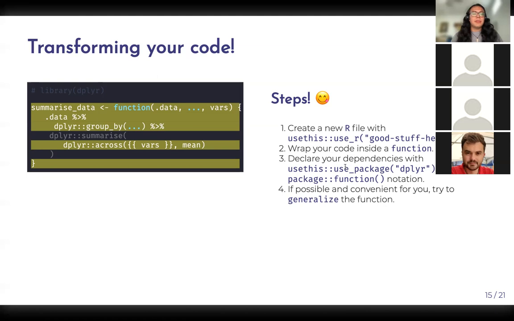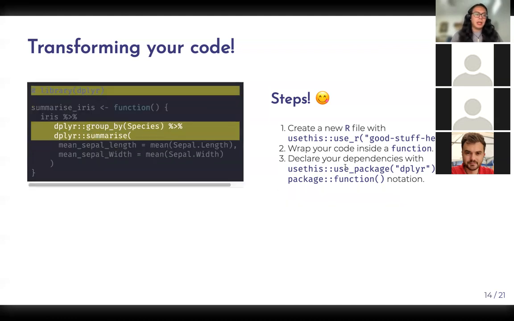So in this way, the function is more reusable, and we can use it along the package without worrying about what is happening inside, or about specificities that probably don't fit some people, and then your function is not going to work. In this way, you ensure reproducibility at another level. But also sometimes it's not possible and it's not convenient for you, so you can skip this step and remain as before.